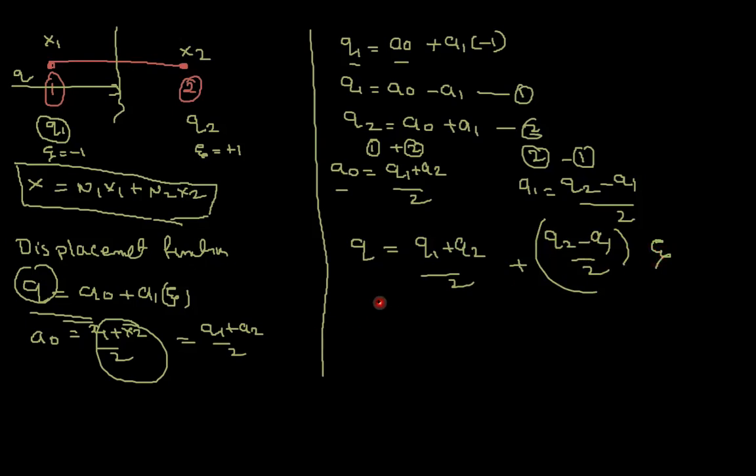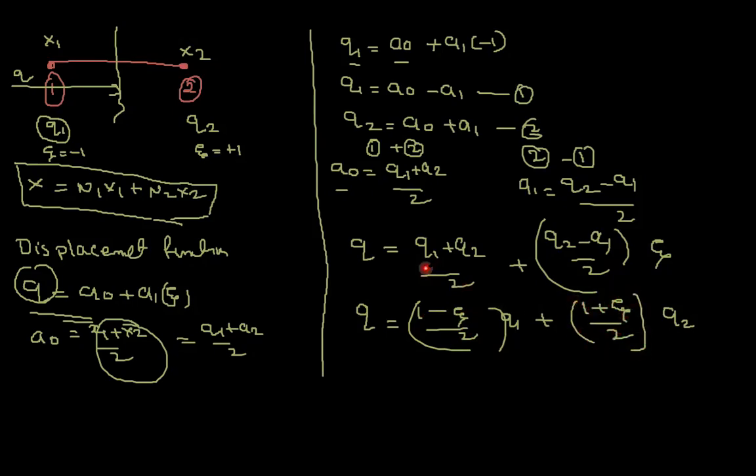Now let us separate the q1 terms and q2 terms. The q1 terms can be separated as 1 minus zeta by 2, and the q2 terms can be separated as 1 plus zeta by 2. The above equation can be expressed as q1 plus q2 by 2 and multiply q2 into zeta minus q1 into zeta. Then you have to separate the q1 and q2 terms.